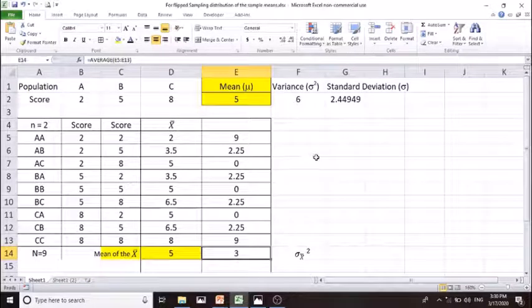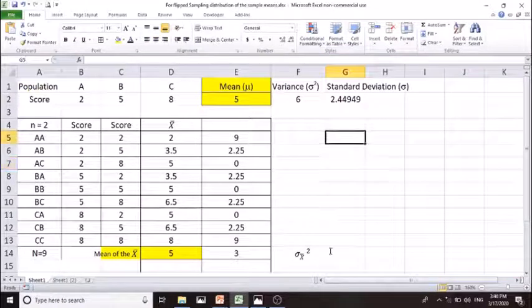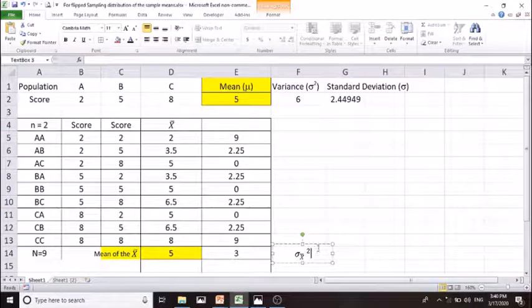If you know the population variance, then we can get the variance of the sample means using the sample size n equals 2. So 6 divided by 2.